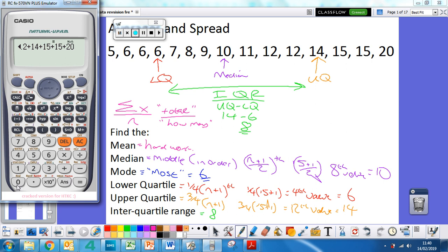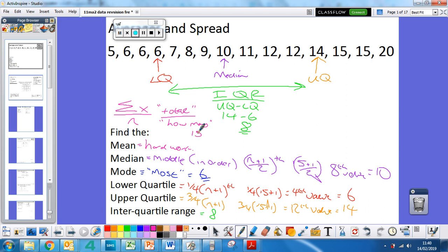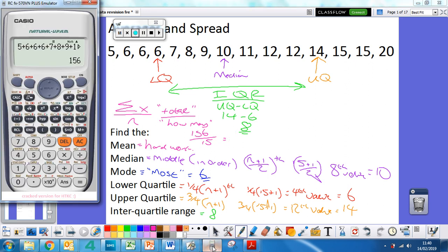That is the total. In this case, that total is 156. We divide by how many. That's the number of items in the list, and we said there were 15 items in the list. So 156 divided by 15 will work out the mean for us. In this case, 10.4.